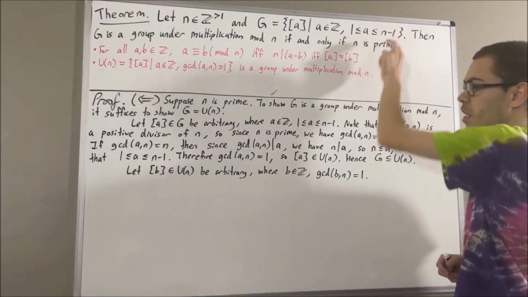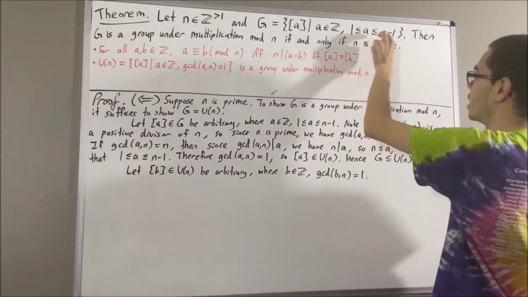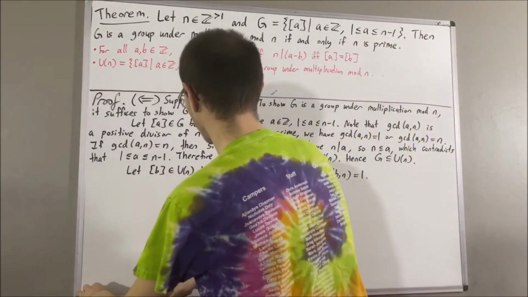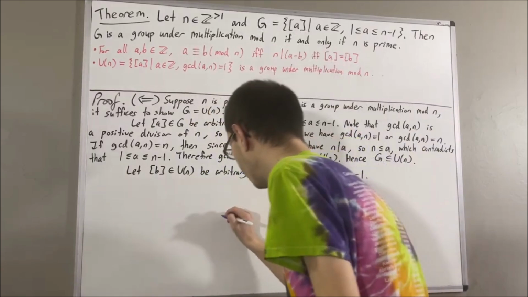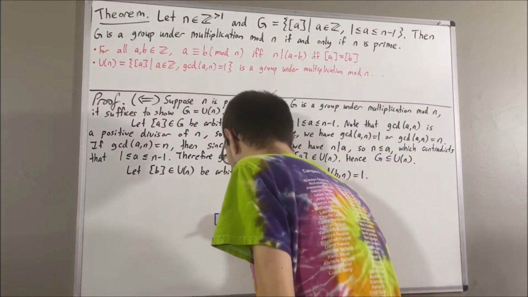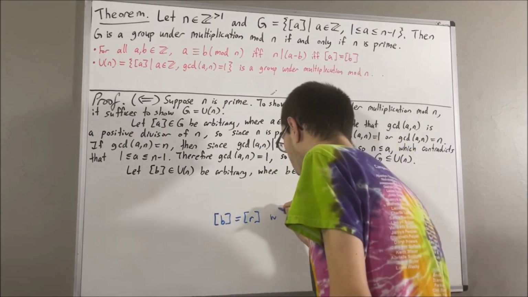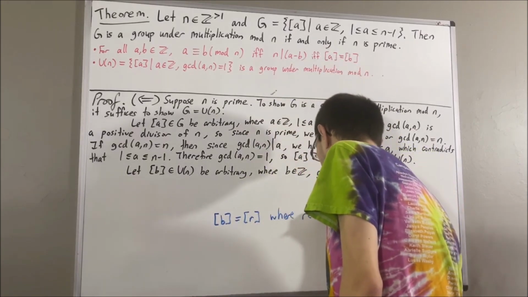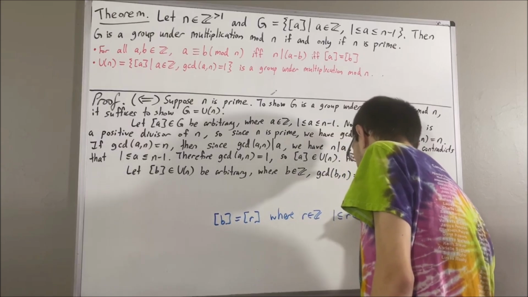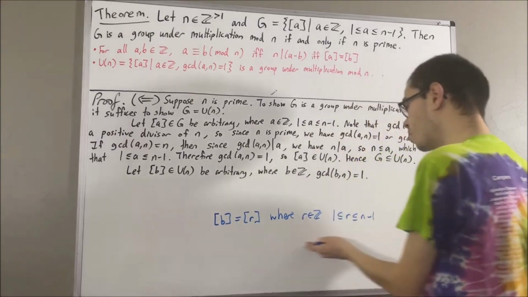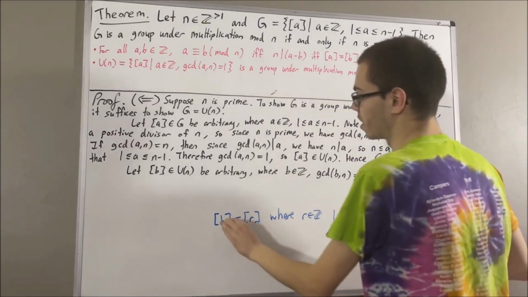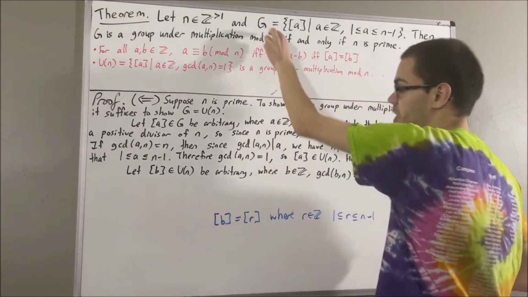So instead, we want to show that the equivalence class of b is equal to the equivalence class of some integer r, where r lies between 1 and n minus 1. If we can show this, then that tells us that the equivalence class of b is an element of G.